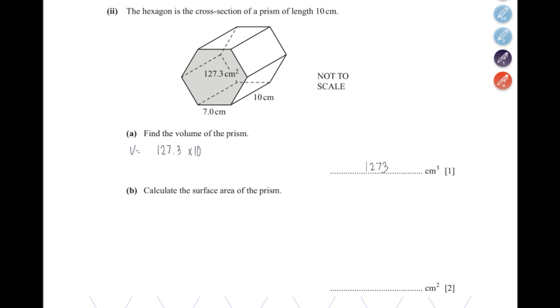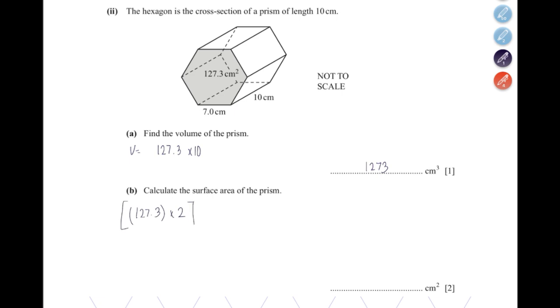All right, calculate the surface area of the prism. So we need to find the area of all the exposed region basically. To do that, we will add the area of this side, this hexagon, and there's also another hexagon on the other side, right? So first it's going to be 127.3 multiplied by 2.